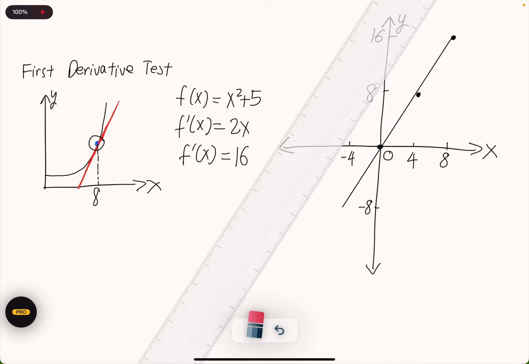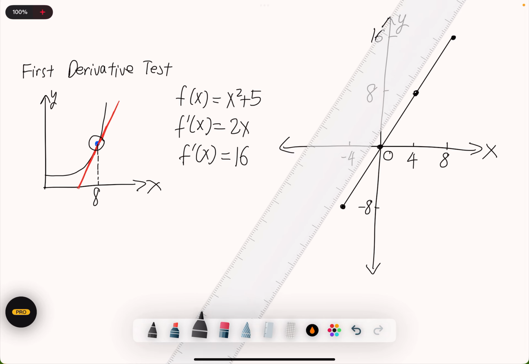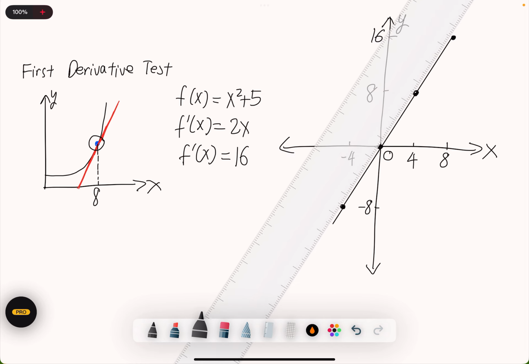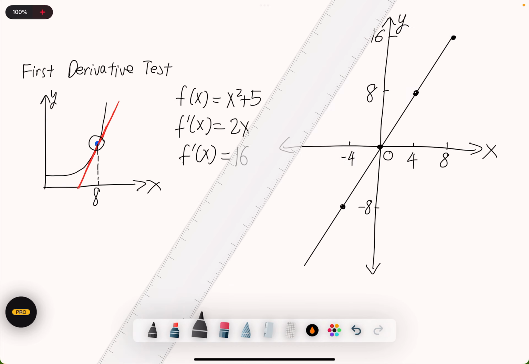So if we tried to make the points more accurate, then they should be like here and here. Like that. So essentially this is the graph of the derivative of f of x.